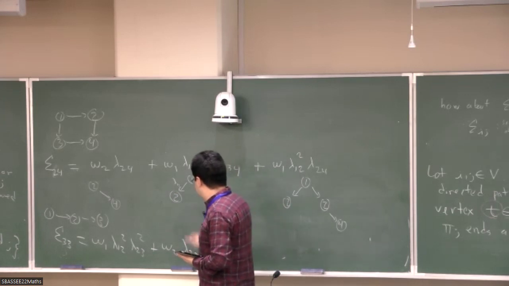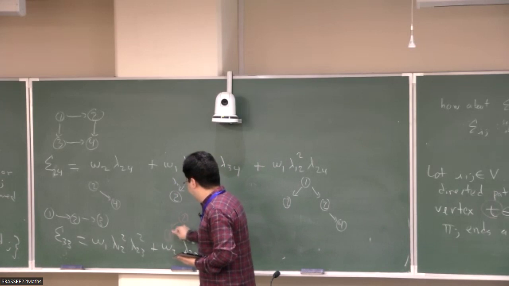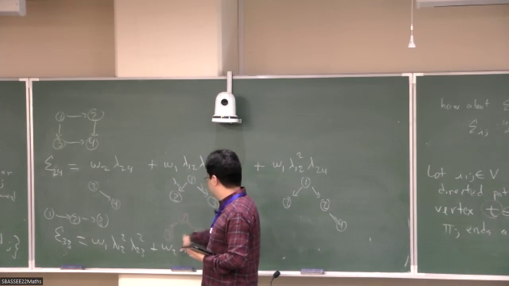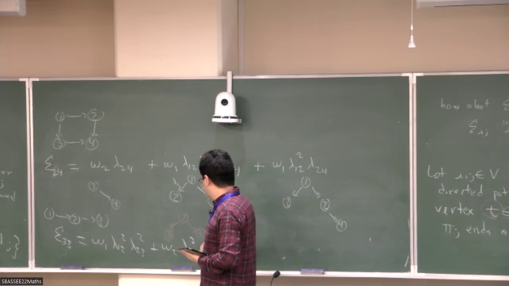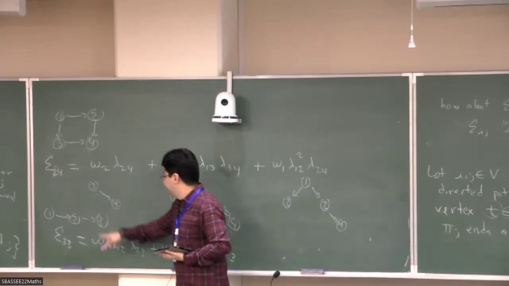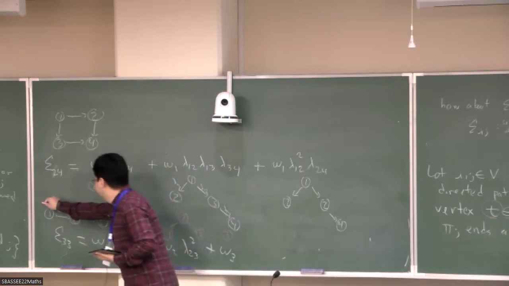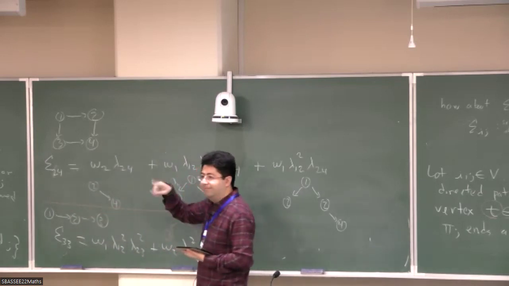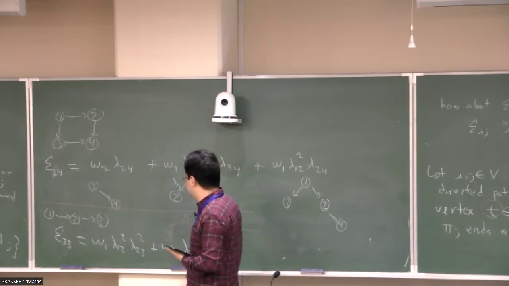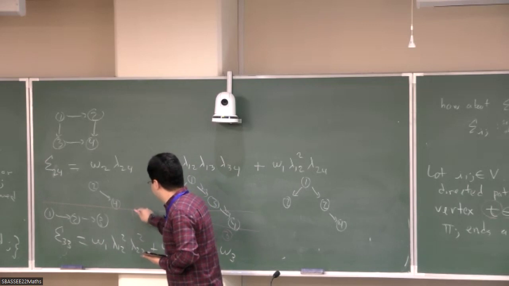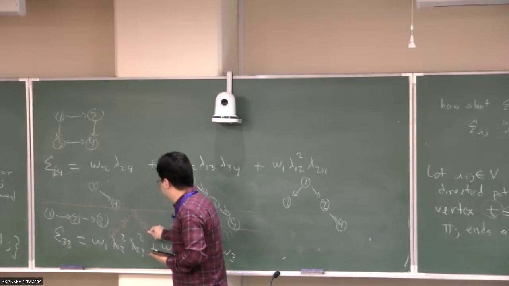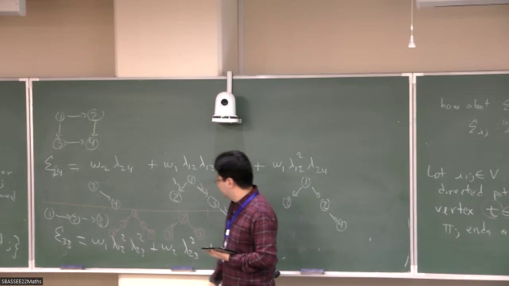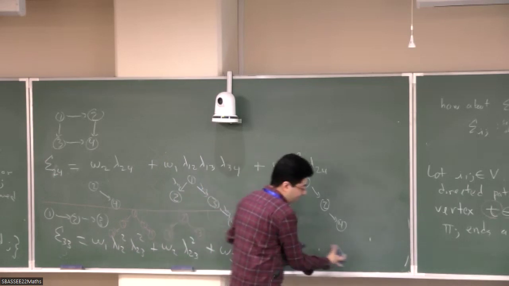Omega 2 corresponds to going 2 to 3, 2 to 3. Note that you are allowed to repeat directed paths. That's not a problem. Sorry, this is for the first example I was writing, G equals this. Here the first term is 1 goes to 2 goes to 3, twice, and that's why the squares appear. Does that make sense?